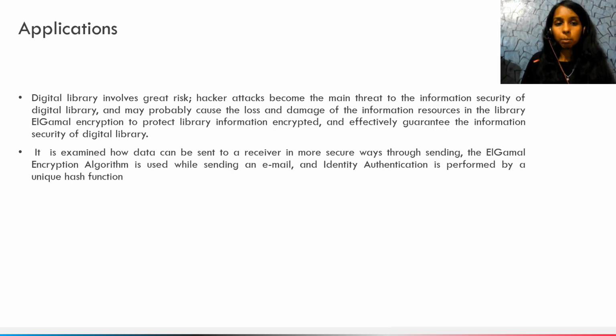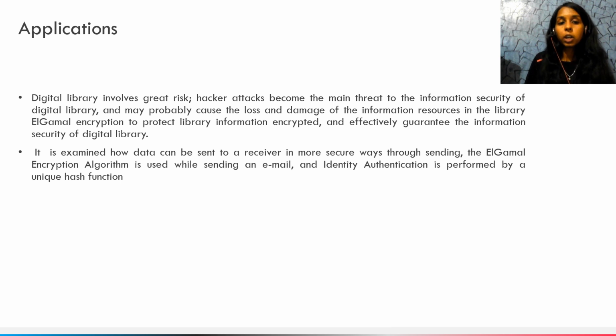So we'll see the applications of the ElGamal cryptographic algorithm. A digital library involves a great risk, where hacker attacks become the main threat to its information security, and may cause the loss and damage of the information resources in the library. ElGamal encryption protects the library information by encrypting it, and effectively guarantees the information security of the digital library.